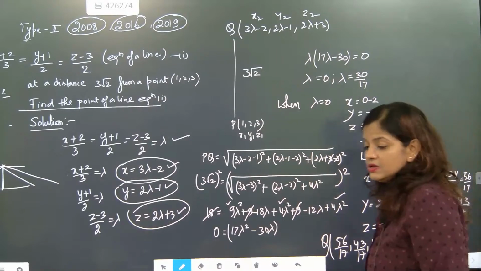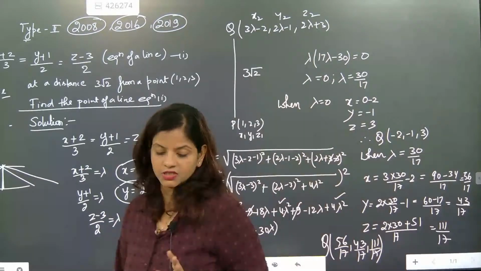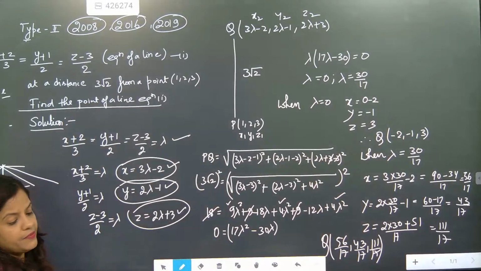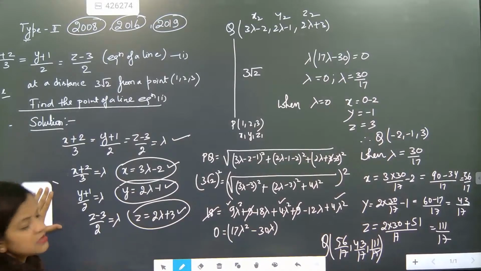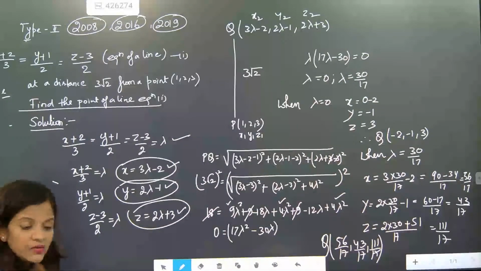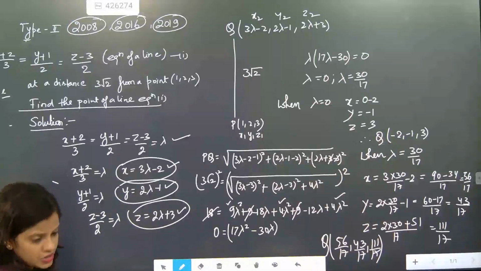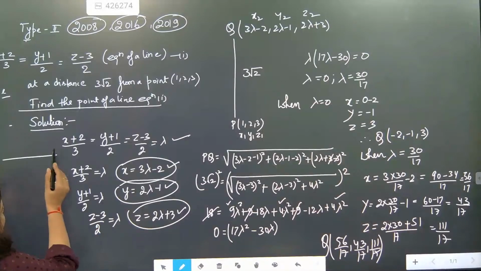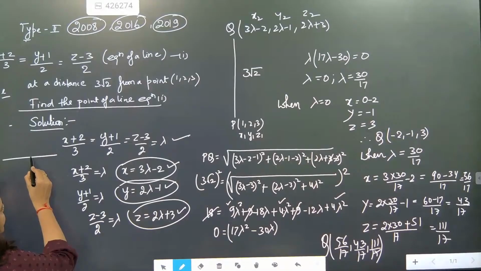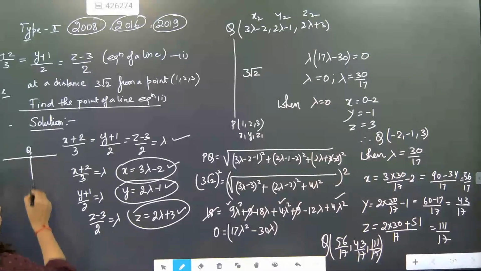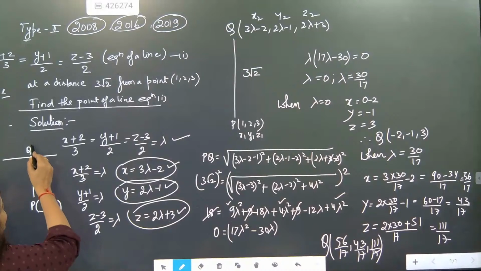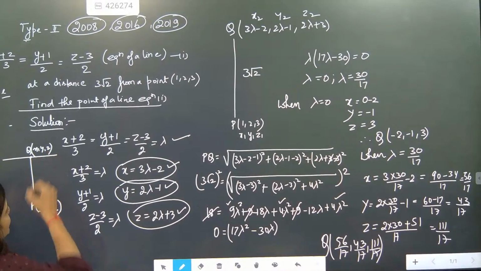So what did we learn in the pattern 2 question? Pattern 1 question we solved for collinearity. In the pattern 2 question, they gave us the equation of a line. If the vector equation is given, convert it into Cartesian equation. Second point: we take one arbitrary point, the point Q, and the given point P. Whatever value of P is given, our main concept is we take this point as x, y, z.